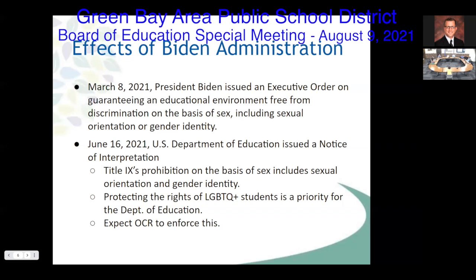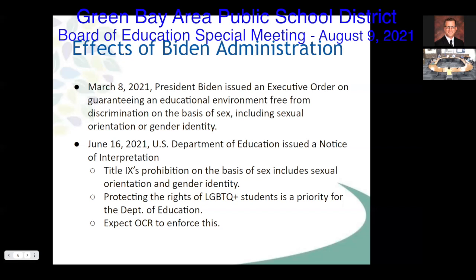And then the U.S. Department of Education answered those questions when it issued its notice of interpretation on June 16, 2021, in which it indicated that Title IX's prohibition on the basis of sex will include sexual orientation and gender identity.